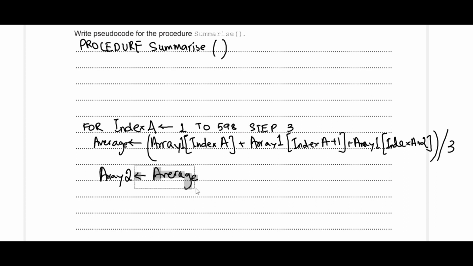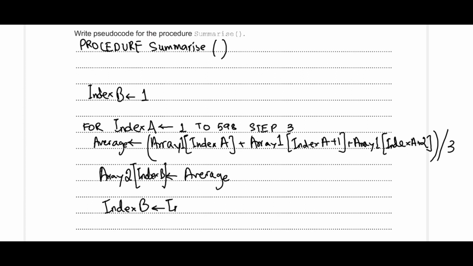So we want to go ahead and declare something for that. For the index location, I'm going to name it index B, and initially I'm going to assign it a value of 1.